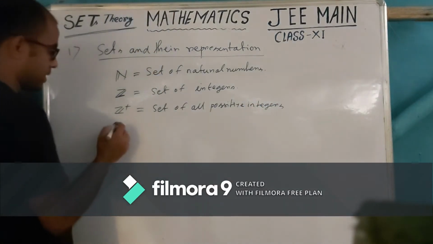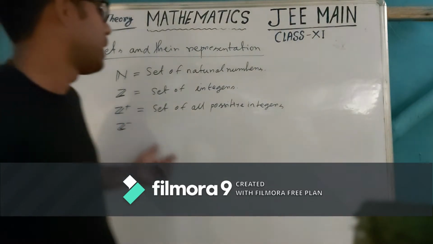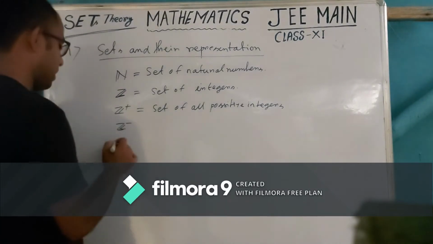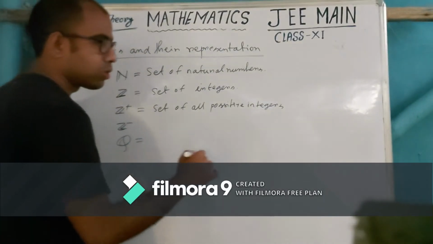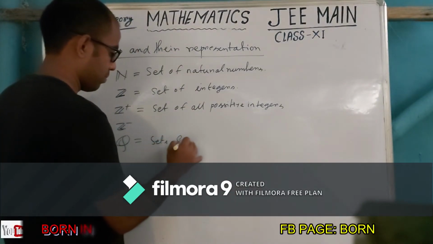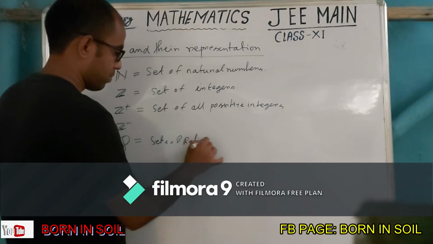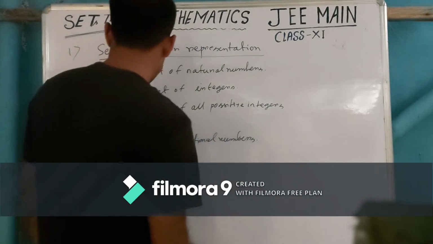Similarly, Z negative is the set of all negative integers. Q is the set of all rational numbers.